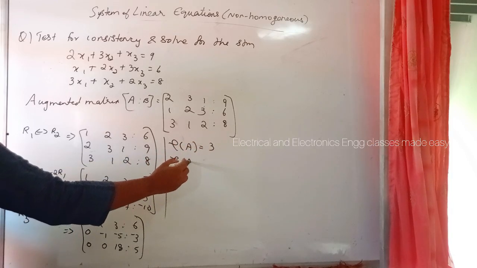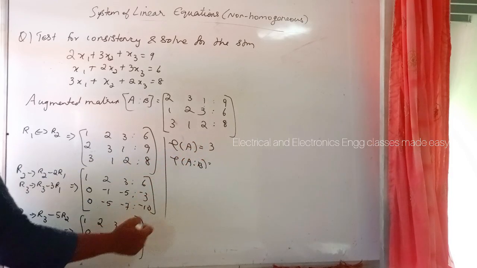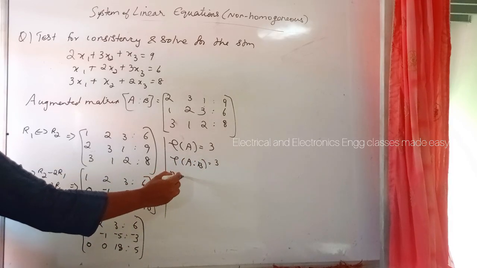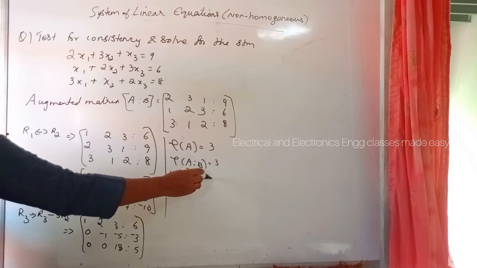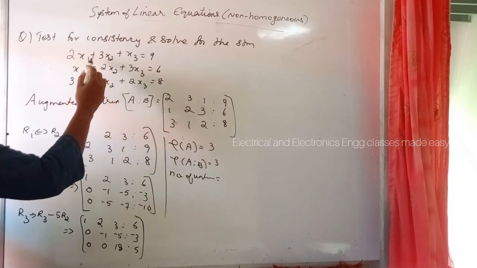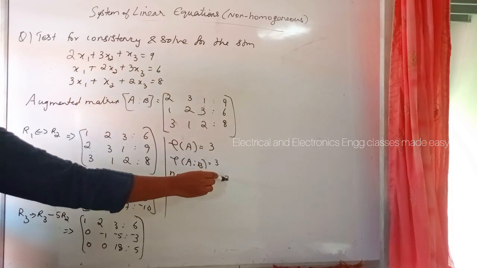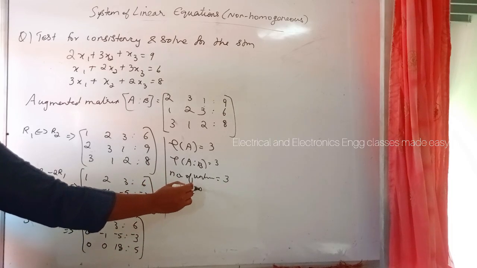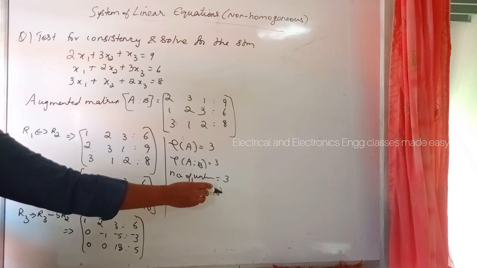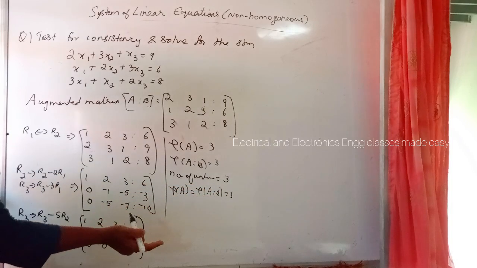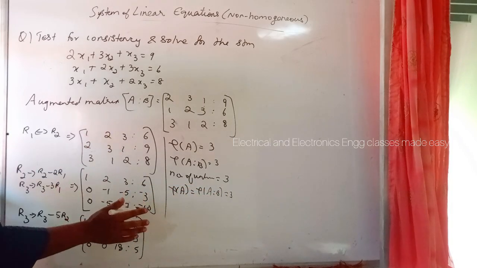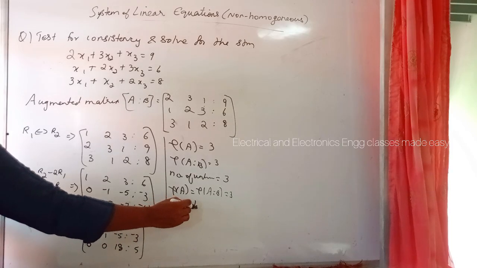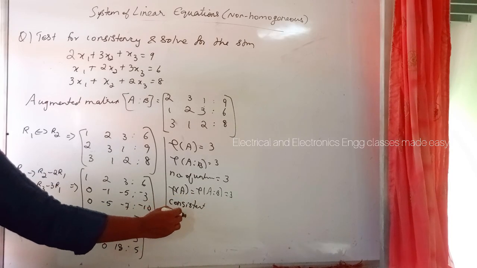Also the rank of AB is equal to the number of non-zero rows, 3, and the number of unknowns x1, x2, x3 is 3. So here the rank of A is equal to the rank of AB, equal to the number of unknowns. Hence the system is consistent and has a unique solution.